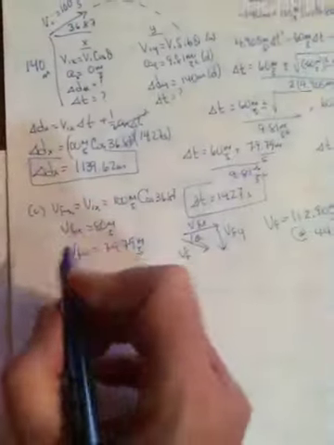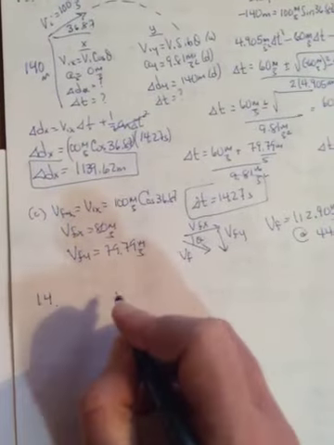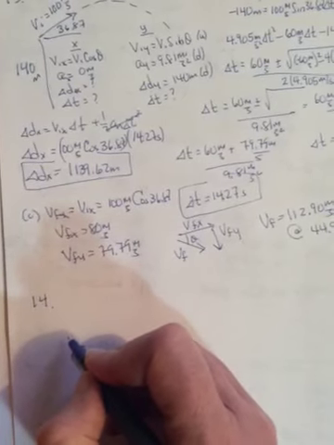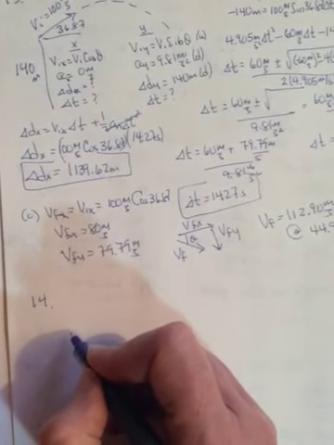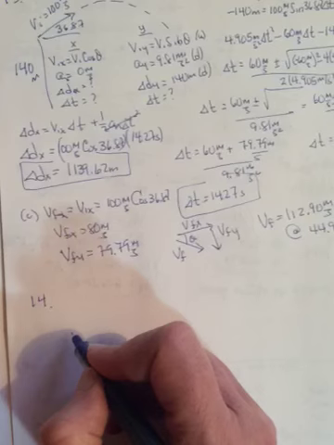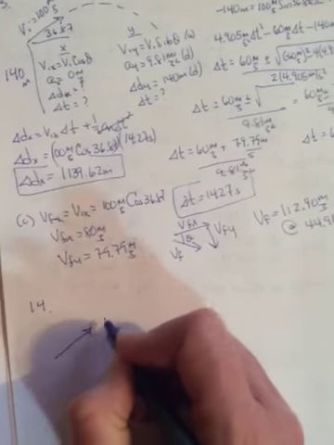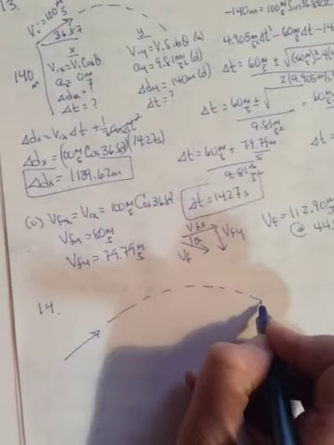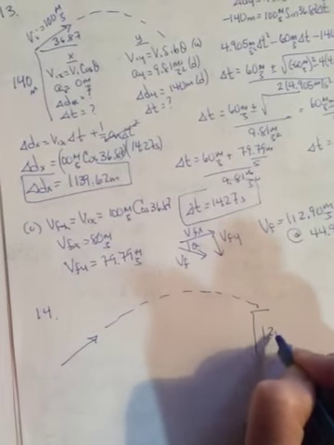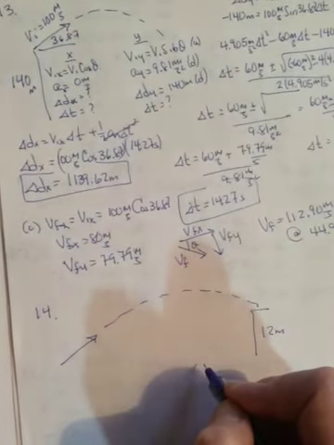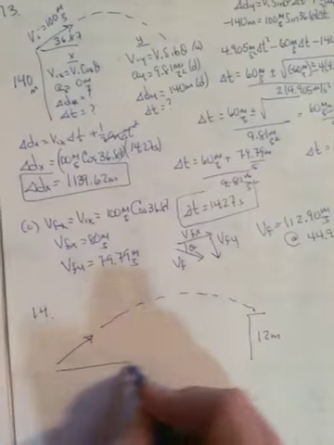Number 14 says, in a faculty versus grade 12 baseball game, a famous teacher hits a home run over a 12-meter high fence. So it's starting lower, going up, clearing a fence, 12 meters high, 100 meters from home plate.